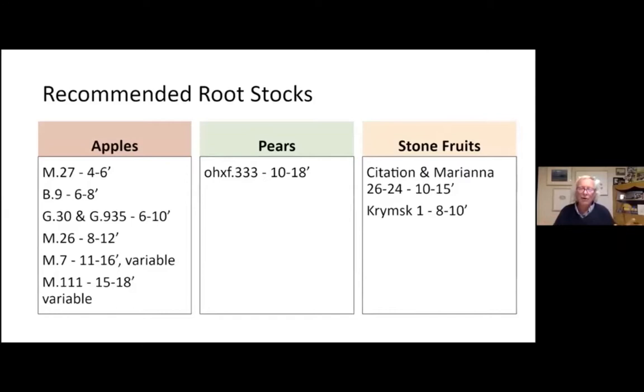One that I've been fooling around with, and I think I can, in good conscience, recommend to you for plums, is Krymsk, which is another Russian rootstock. It's cool to say Krymsk. Krymsk 1, because there's a whole series of them. And I've been able to keep plums that are generally 12, 15, 18 feet at 6 to 8 feet, and they're fairly productive.